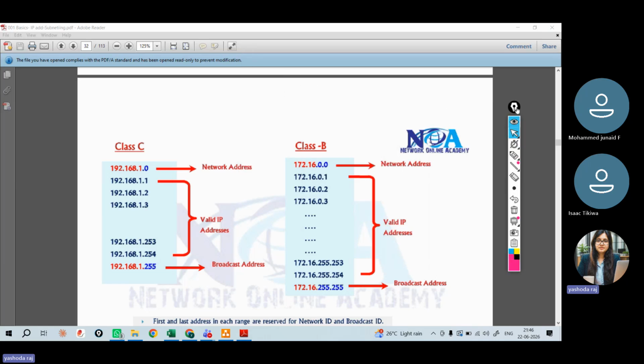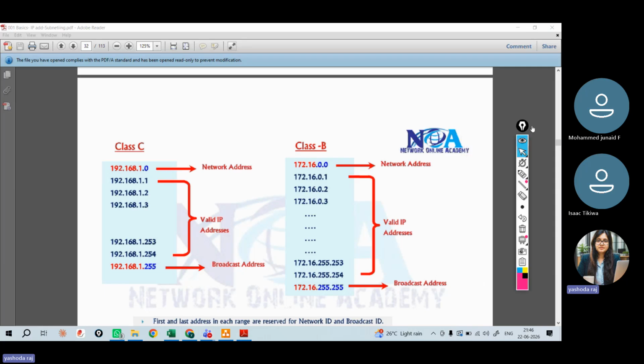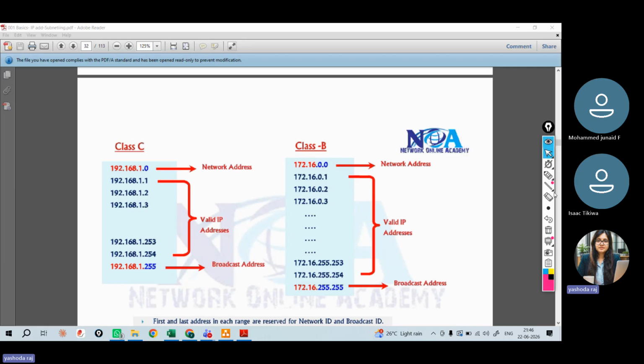Can I assign 0 as an IP address to any of the hosts? No, this is not a valid IP address. This will be used as a network address. The next IP address starts from 1.1, 1.2, 1.3, and keeps moving like 253, 254. The last address is 192.168.1.255.